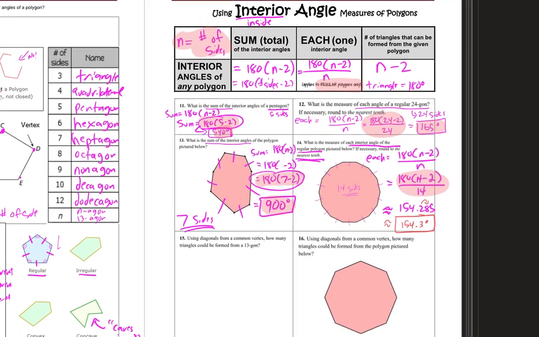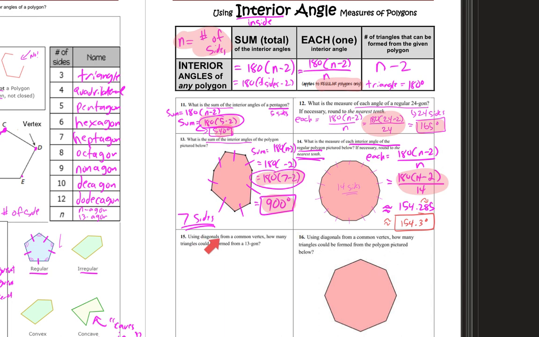It says next, using diagonals from a common vertex, how many triangles could be formed from a 13-gon? So the number of triangles formed is n minus 2.